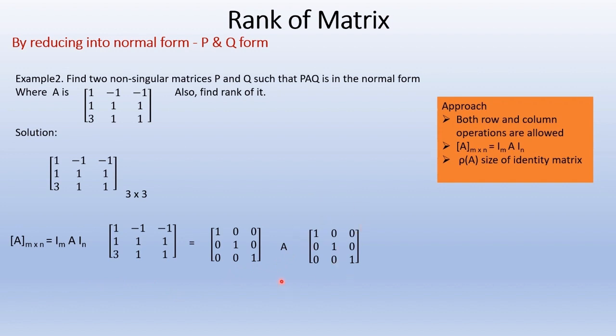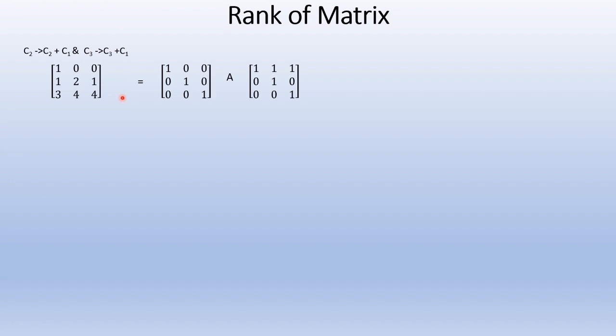C2 is transformed by adding C2 with C1 and C3 is transformed by adding C1 to it. We get this. Since this is the identity matrix with order N, that is N represents column, we perform the same operation here too and we get this. No operation is involved here, as this is of order M which represents row.